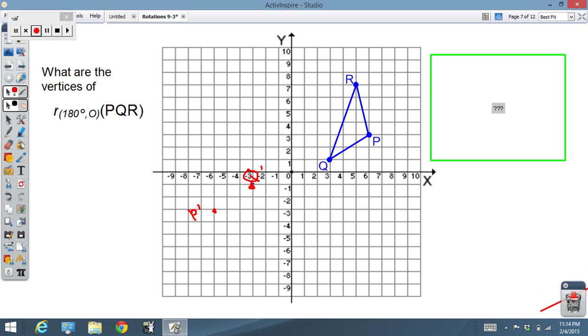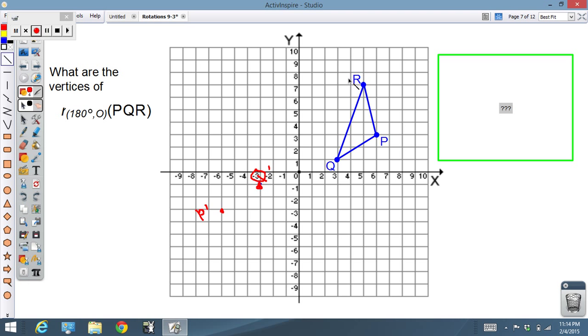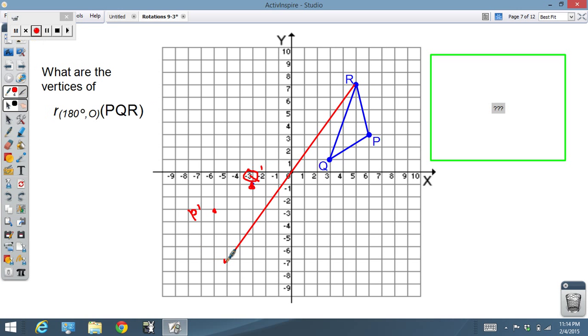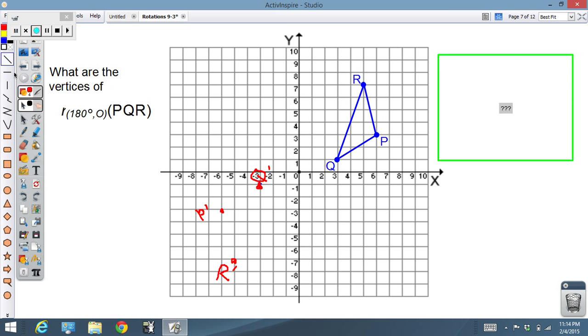And finally, the same thing will happen with R. A line, R, through the origin, and it will end up 5, 7, right there. Okay, so make one more point, R prime, move my red line, connect my dots, and we have our 180 degree rotation.